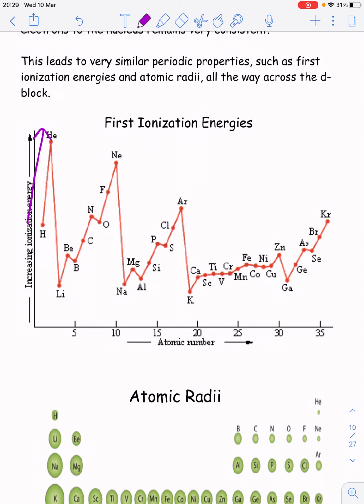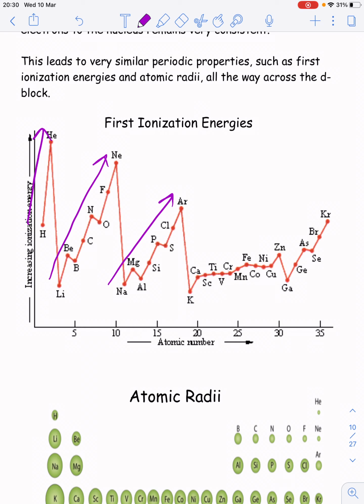So the electrons get more attracted to the nucleus, and therefore it takes more energy to remove the electron from helium. And that same basic trend is seen across period 2. More protons leads to higher effective nuclear charge, higher attraction for electrons, and more energy is needed to remove an electron from the atom. And it happens across period 3.